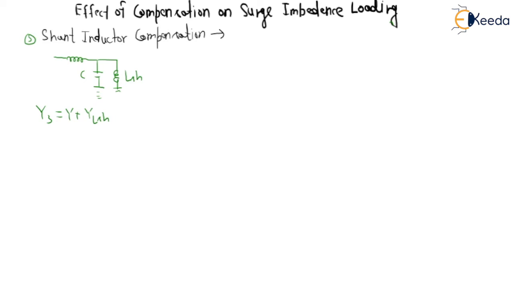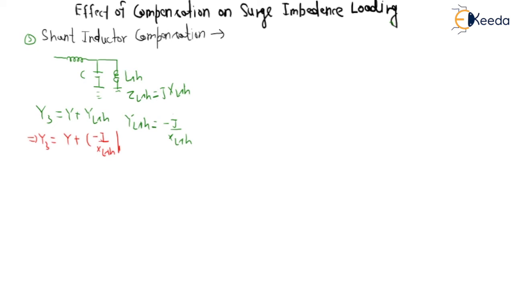So ZLSH value will be equal to j into XLSH. So YLSH will be equal to 1 upon j XLSH, which means minus j upon XLSH. Putting this value here, we can write the value of Y3 will be equal to Y plus YLSH, that is minus j upon XLSH.